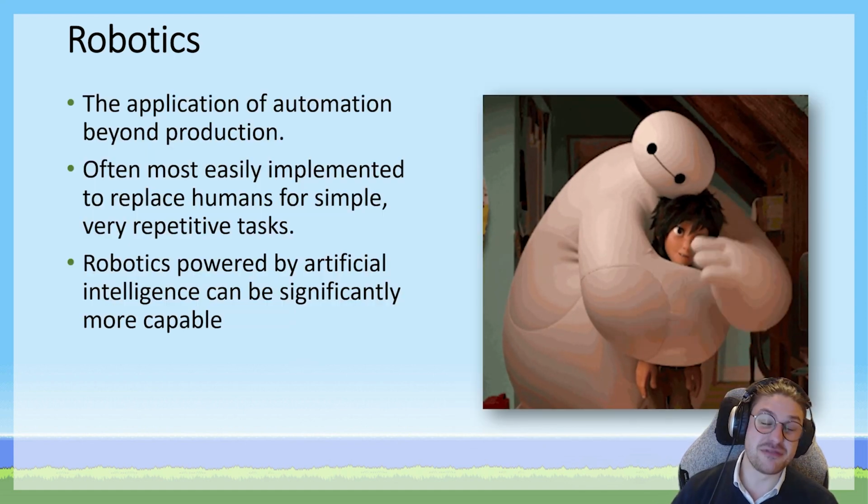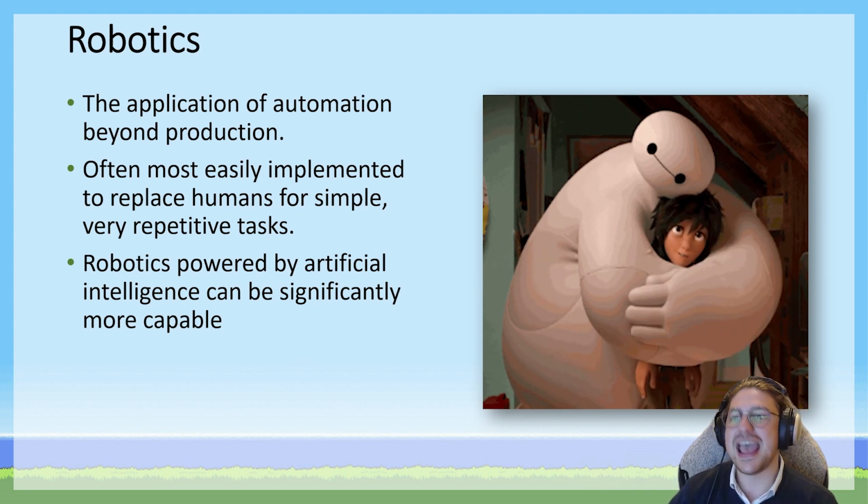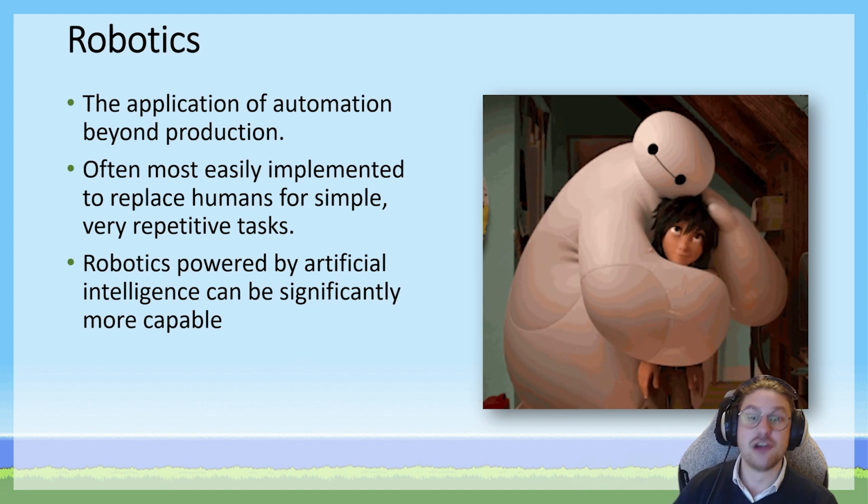Robotics typically refer to the use of automation outside of manufacturing, where automated production lines are very common these days, and automated production has been a staple of manufacturing for a couple of decades now. Robotics are still emerging, and the limits of robotics aren't yet realized.